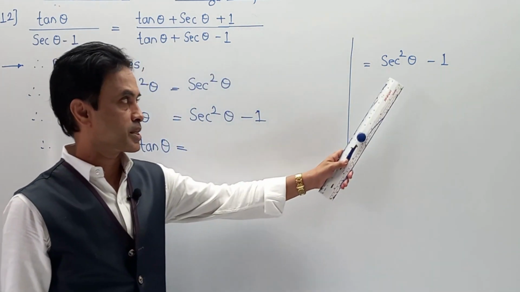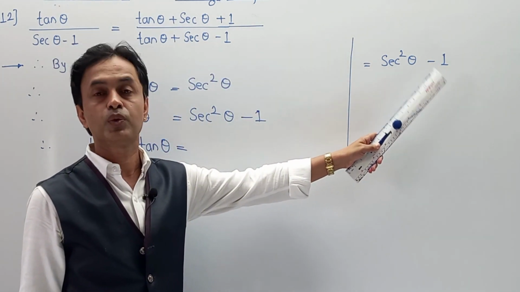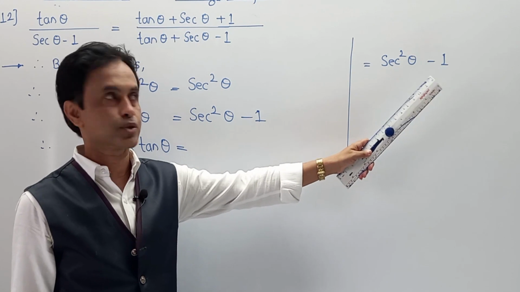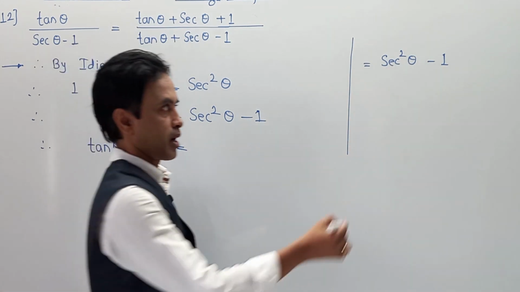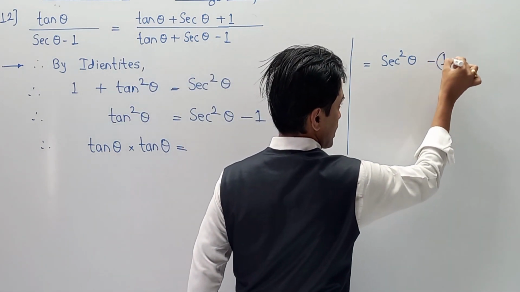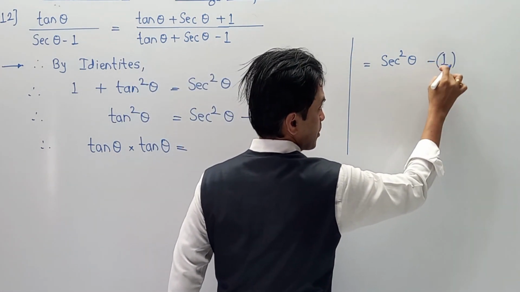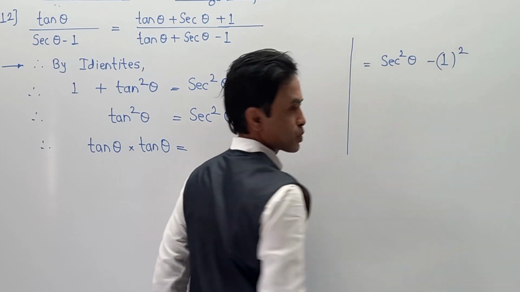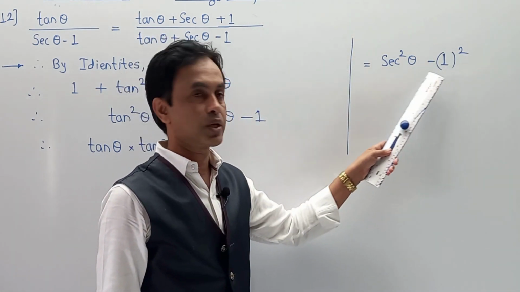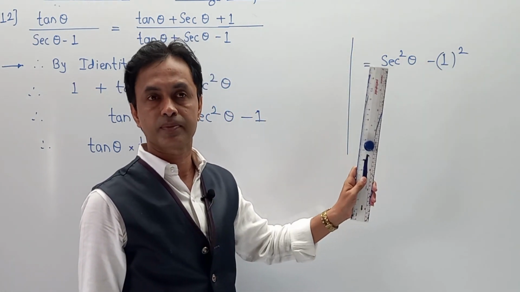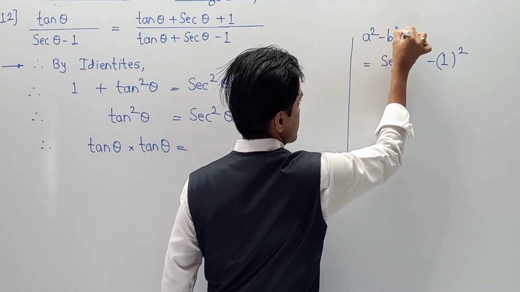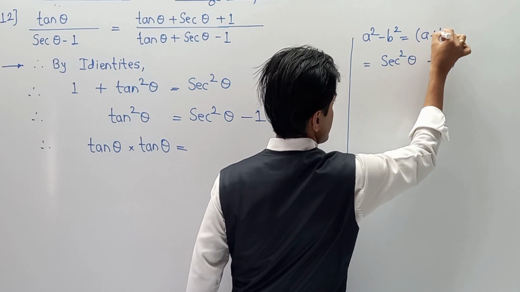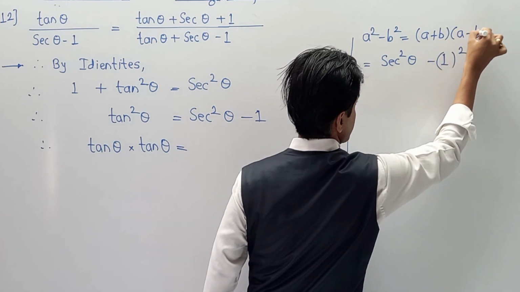Now the first step is sec square theta minus 1. You know very well the a square minus b square formula: a square minus b square is a plus b into a minus b. In a similar manner, if I write sec square theta and minus 1, I write it as 1 square, because 1 square is 1, minus 1 will remain as it is. And I am going to use the principle of factor a square minus b square, that becomes a plus b into a minus b.